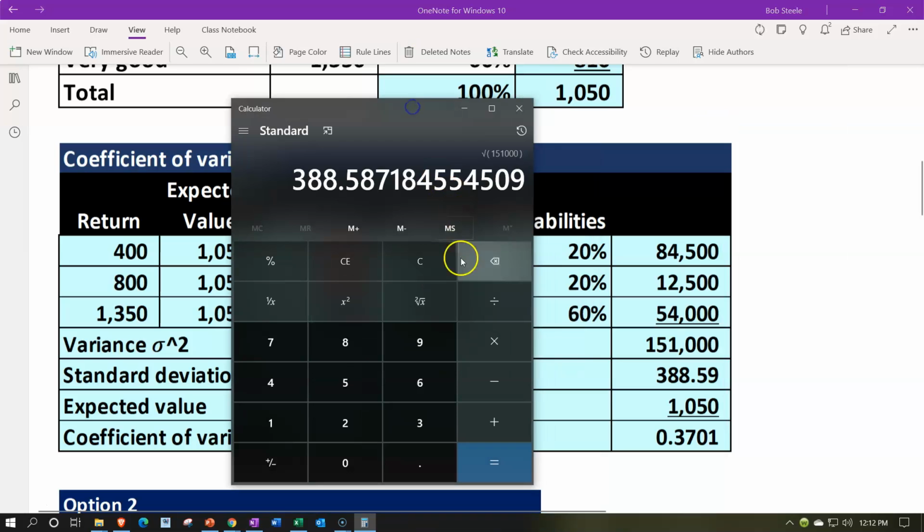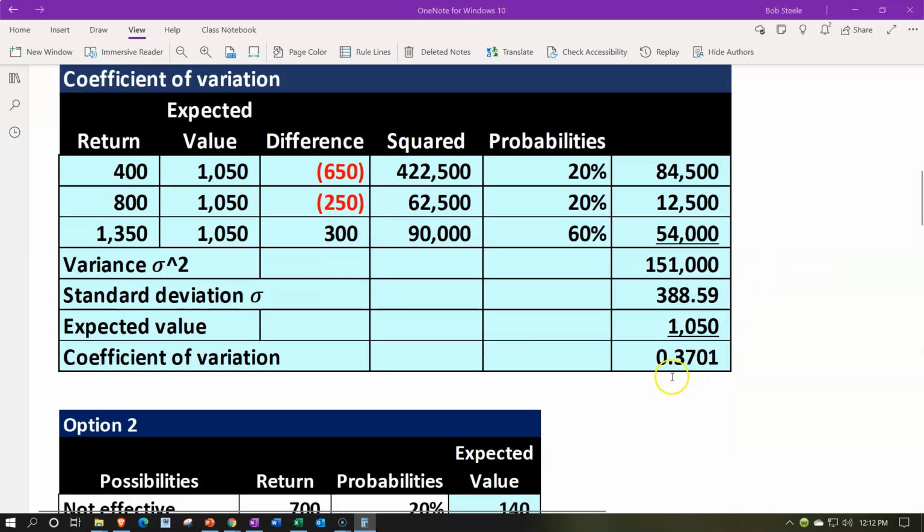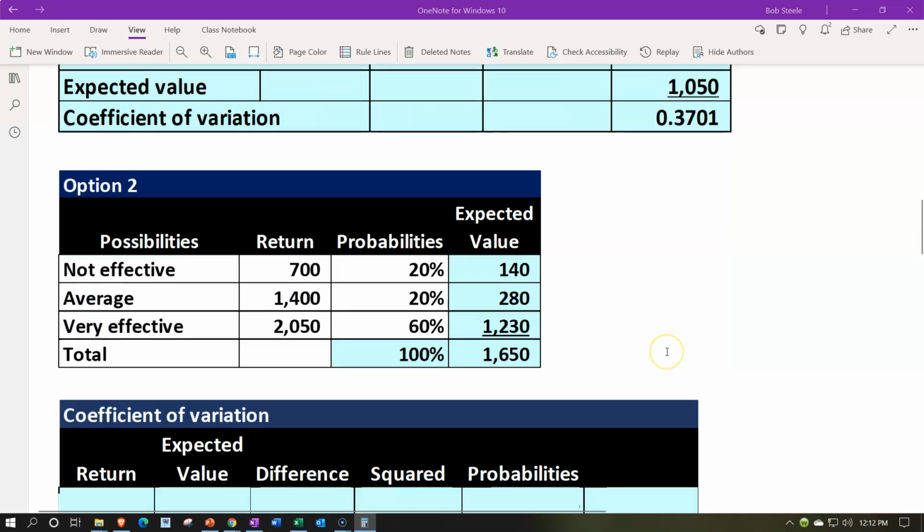So in essence, we're taking that number divided by the 1,050, which we calculated up top. That gives us the 0.3701 about, rounded. So this number is not very helpful in and of itself, but when compared to the other investment options it could give us an idea, and we'll apply that idea to basically the level of risk involved.